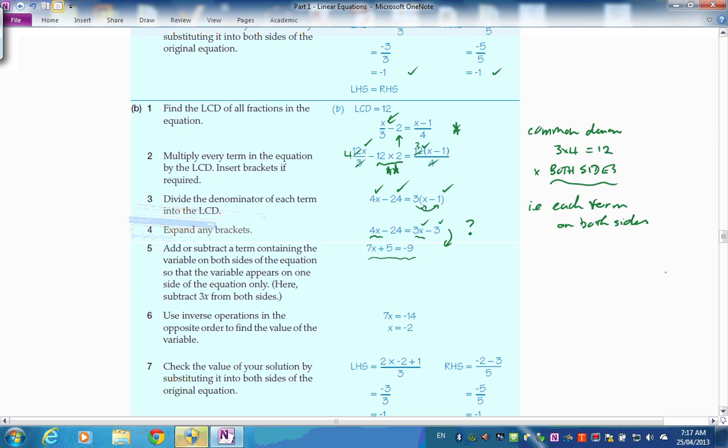I think we've got some problems with that one there, because let's just do it over here. 4x take 24 equals 3x take 3. If we subtract 3x from both sides, we get 1x take 24 equals neg 3, and adding 24 to both sides, neg 3 plus 24 is 21.